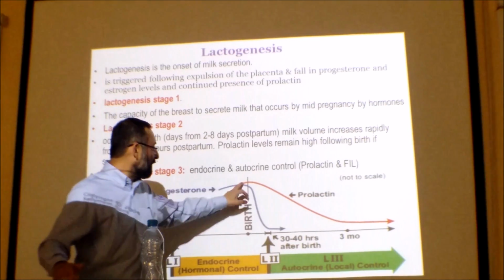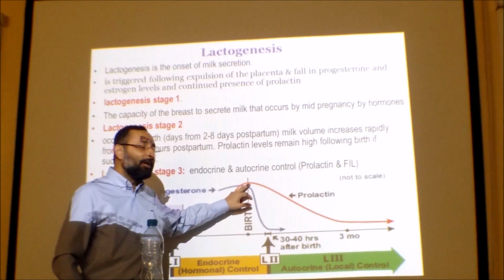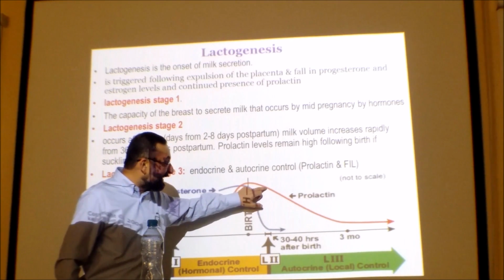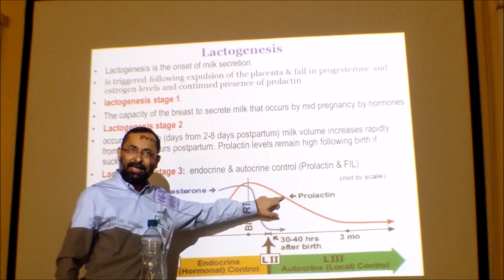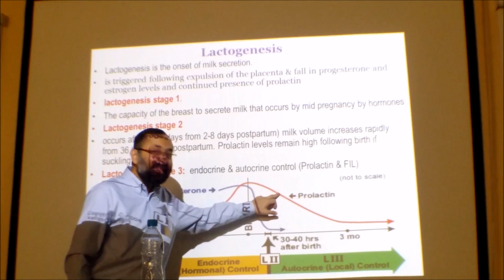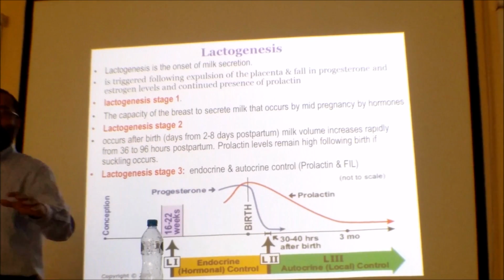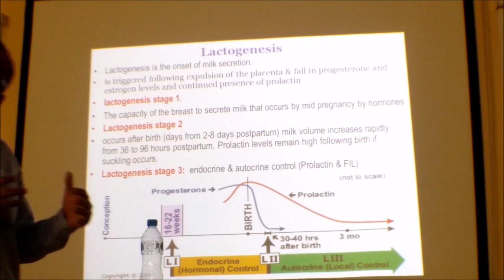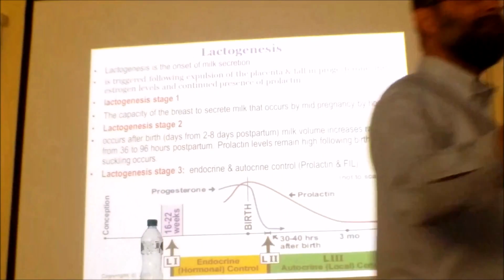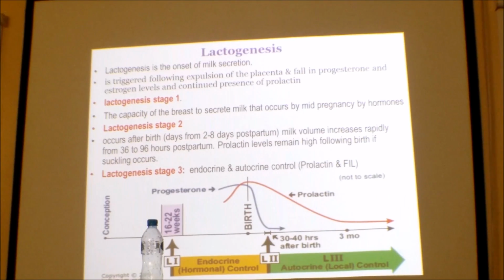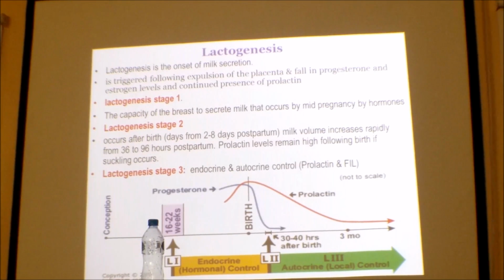If inhibition is gone, now prolactin works. Even though it's declining over days and weeks, this level is still enough to provide very good lactation, because now there is no opposition. So even though the level is decreasing, that level is far enough.